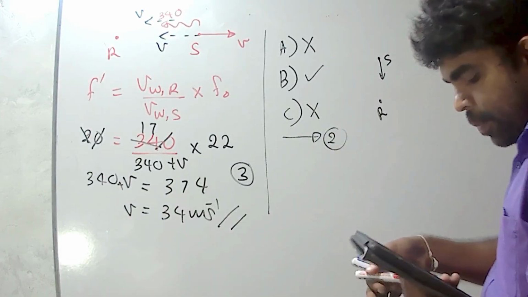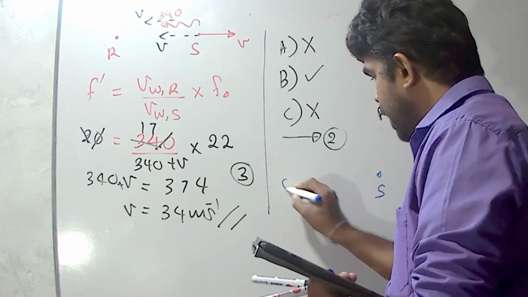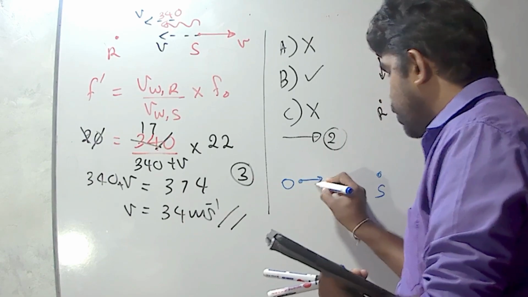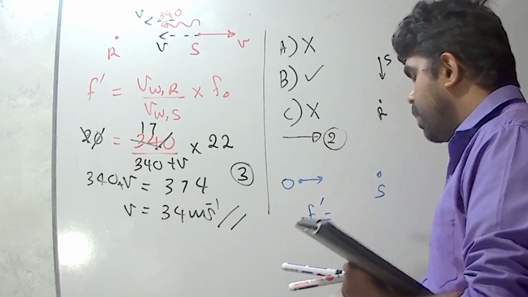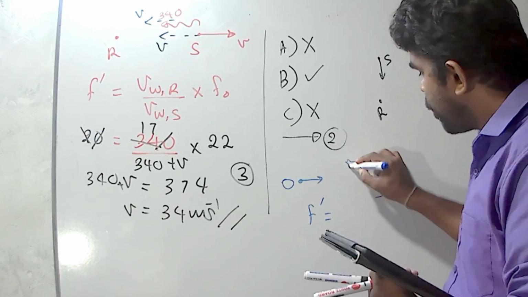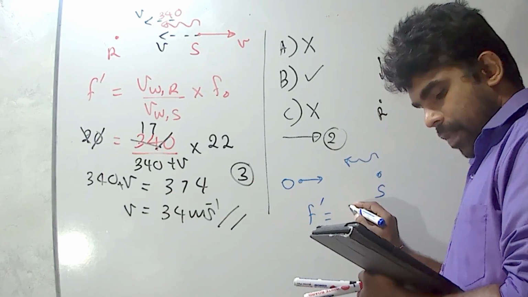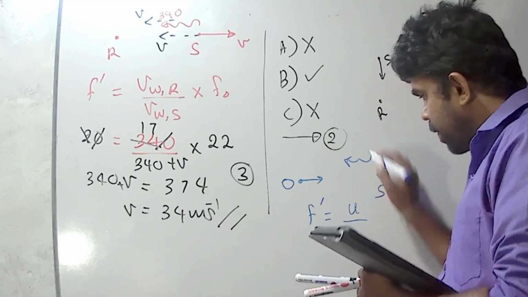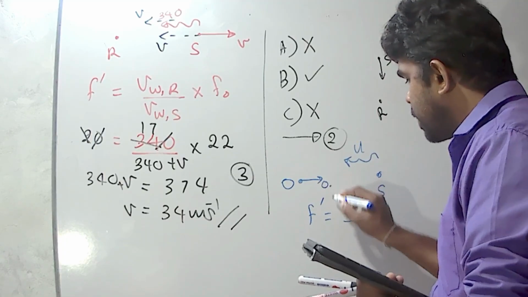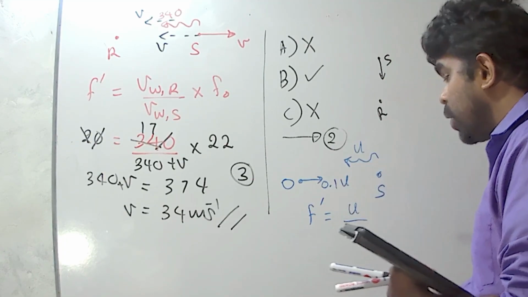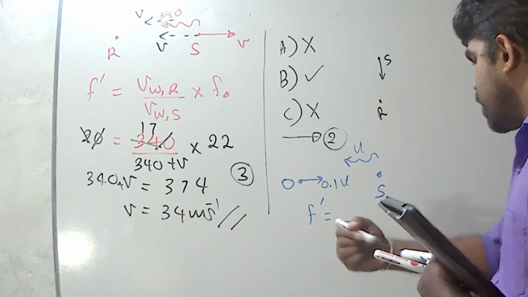We know that if the observer is moving directly towards the source, F dash should be equal to the velocity of wave relative to the receiver, divided by u. We have given the velocity of sound is u. Receiver is moving with 0.1 u speed. Therefore, the velocity of wave relative to the receiver should be 1.1 u.